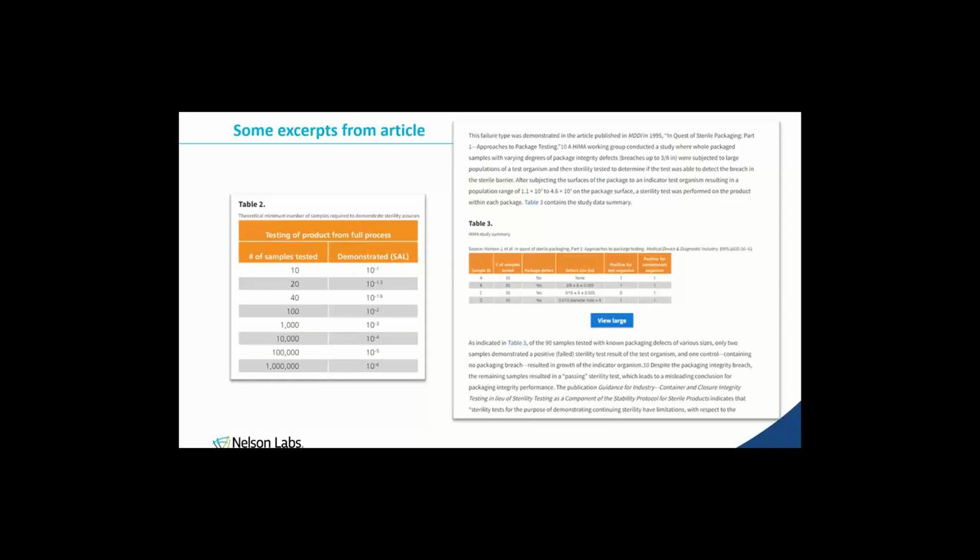I put some excerpts from the article. This is just a teeny weeny sampling, so kind of wet your whistle as to what kind of information is in there. The first piece here is table 2. And this is just a comparison of sample size to demonstrated SAL, right in line with what Bryce was saying earlier. If you only test 10 samples, it gives you an SAL of 10 to the minus 1.